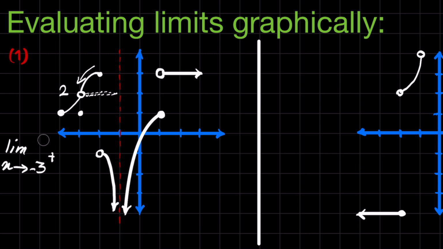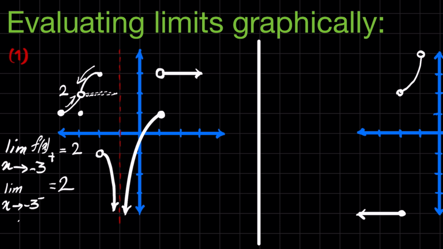So the limit of this function from -3 from the right side is going to be 2. And if we look from the left side also, as x approaches -3 from the left side, as we look slightly, it's getting closer also to 2.